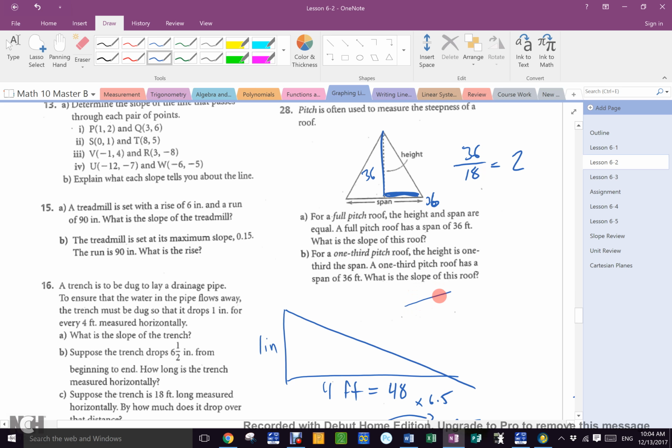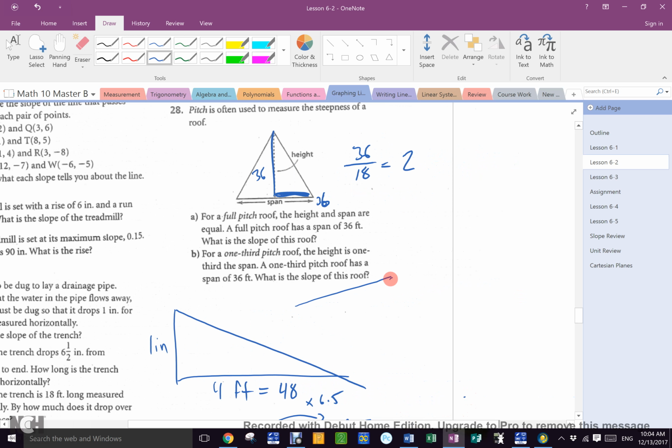So in B, we're looking at a roof that looks like this, right? 36 and 12. Agreed? What's the slope? Rise over run. What's the rise? 12. Slope is rise and run. 12 is the rise. What's the run? 18. So the slope is 12/18, which is 2/3.